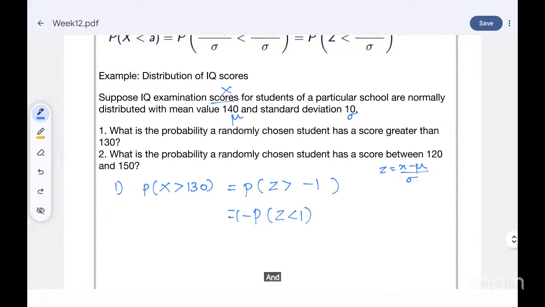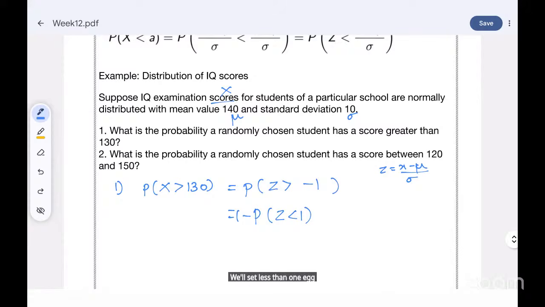And what is the probability of Z less than 1?